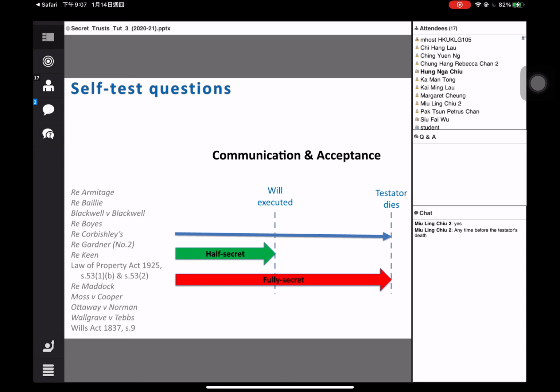If he says nothing, can he accept by silence?